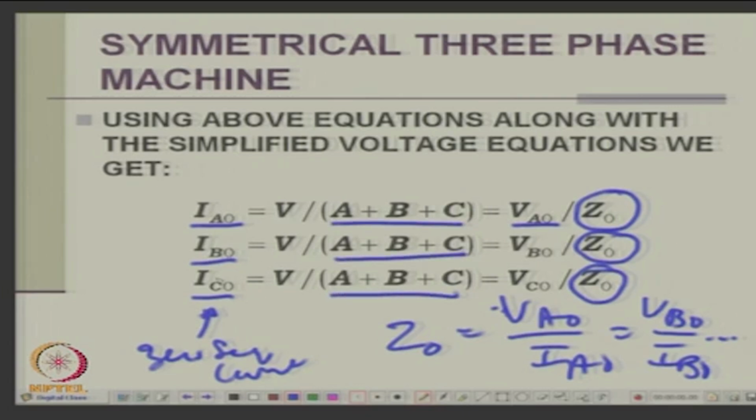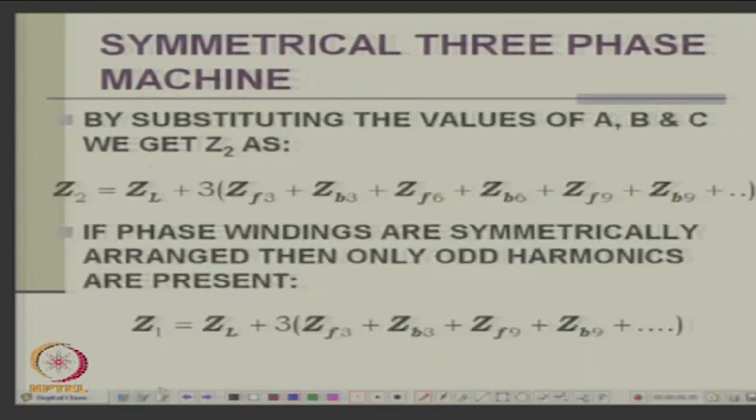If you just take A plus B plus C, then you will have Z naught.